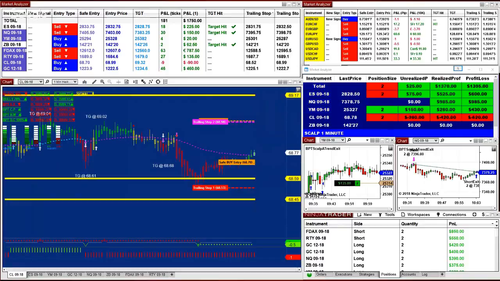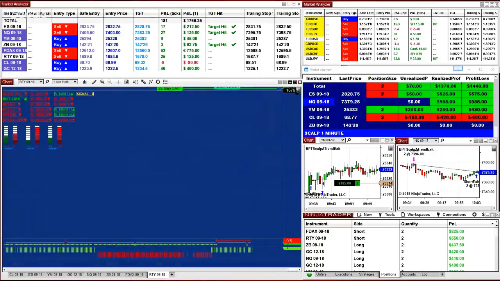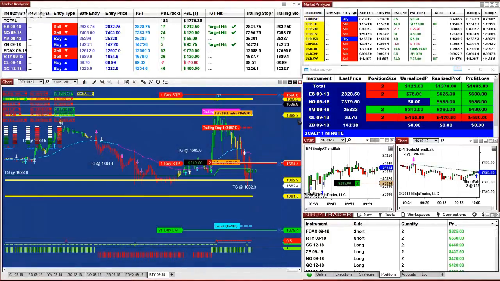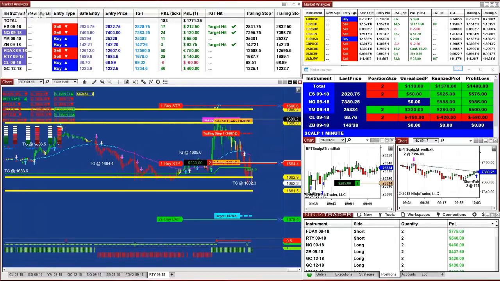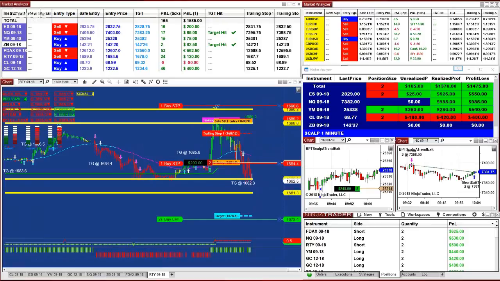For the ones who have not been here before, we are showing three different automated systems, and all those three automated systems do not require tweaking, optimization, none of that.